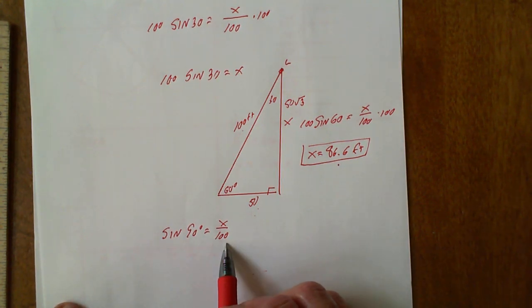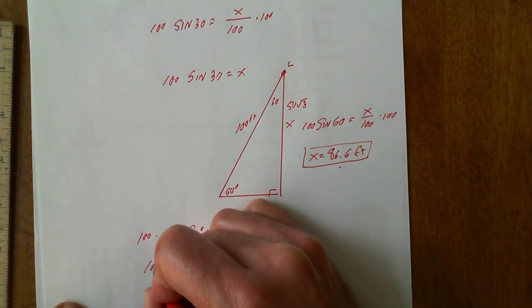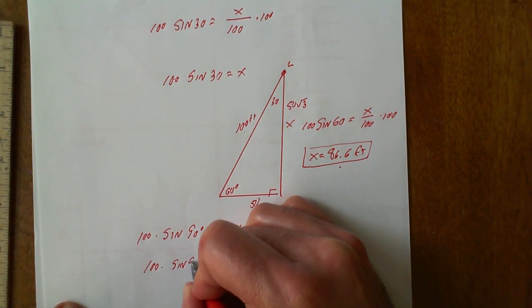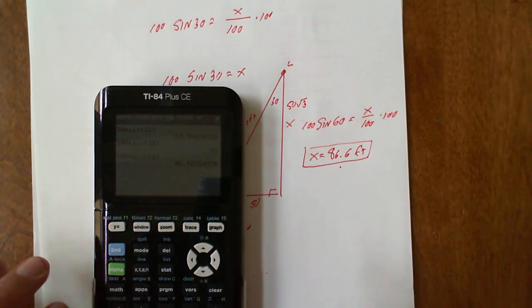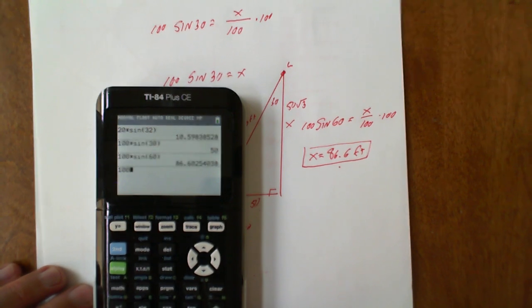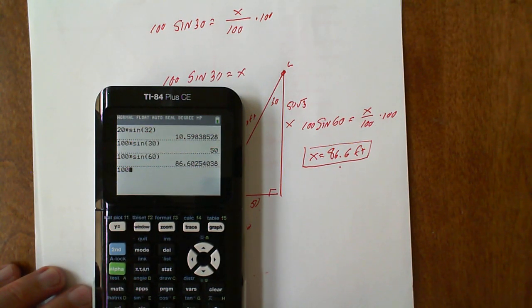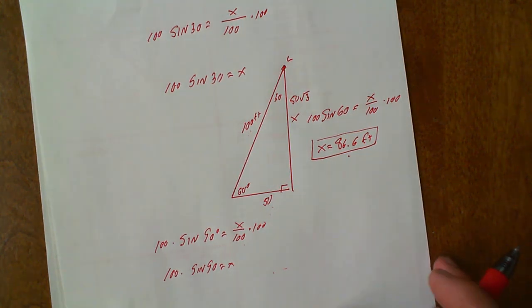Sine of 90 degrees equals x over 100, multiplied by 100. 100 times sine 90 equals x. Let's calculate that. 100 times sine 90. Let's see. It is 100, right? So we knew he was going to be 100 at 90 degrees.